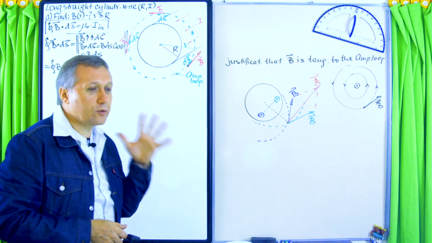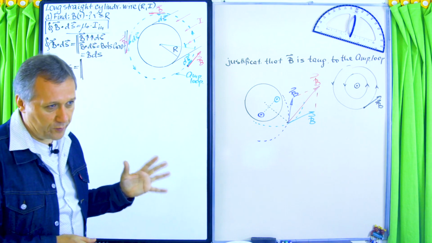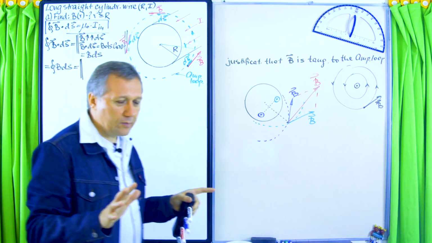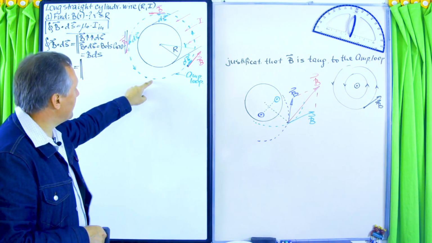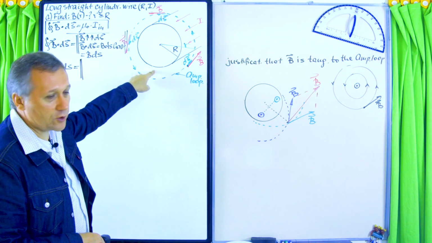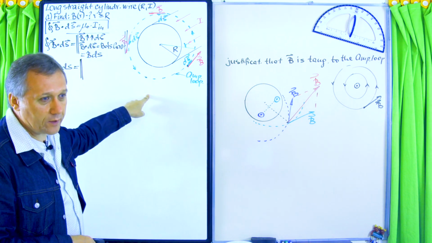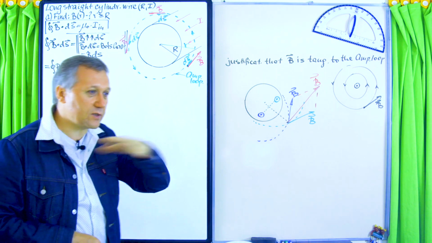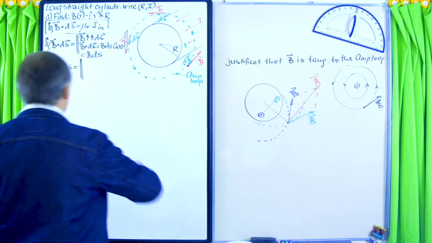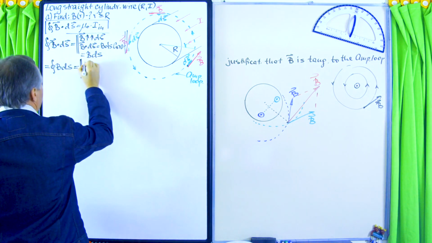But don't write that the magnetic field is uniform, because sometimes I see students write that. No. The magnetic field is not uniform. If you step away, for example, to this point or this point, here the magnetic field gets stronger, here it gets weaker. Uniform magnetic field means the same at all points. No, the magnetic field is not uniform. The magnetic field is just constant.